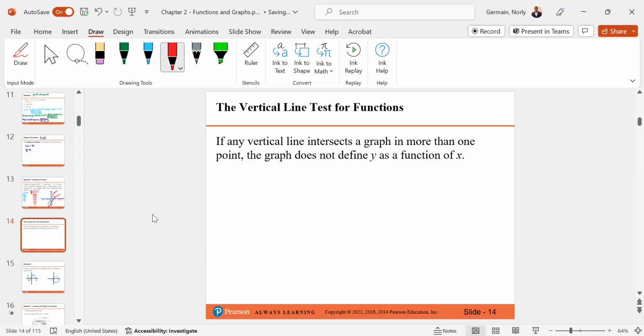In order to decide if a graph is a function, the definition of a function specifies that no values of x can be paired with two or more different values of y. So you would never find two different y's for the same x. All right, so that's not going to happen.